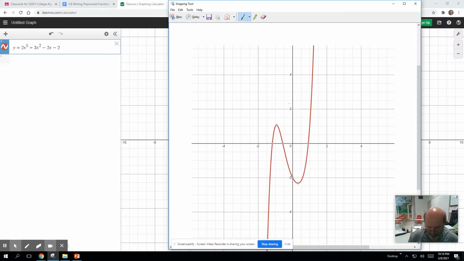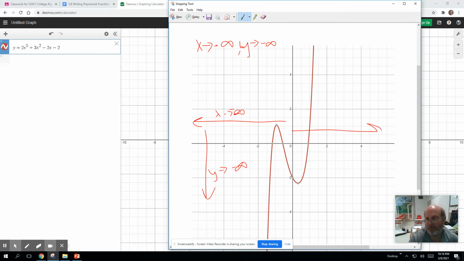So if we're describing the end behavior of this graph, we would write: as x goes to negative infinity, that's this direction, y goes to negative infinity also. So when I write the end behavior, I write as x goes to negative infinity, y goes to negative infinity. And then I want to consider what happens on the right extreme. That's as x goes to positive infinity.